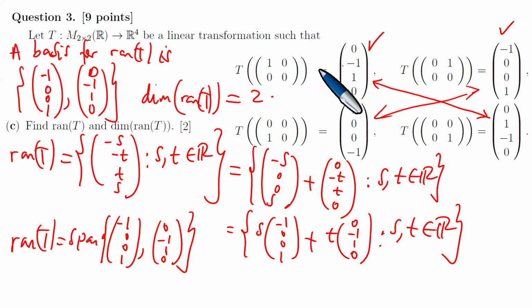Therefore the dimension of the range, the image space, would be 2, because there are two elements there.